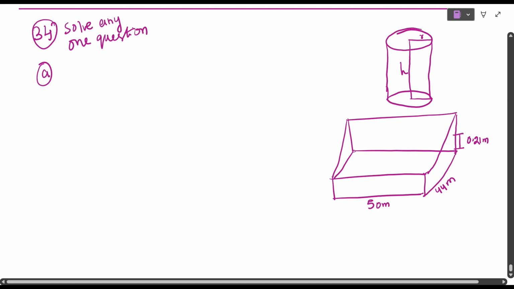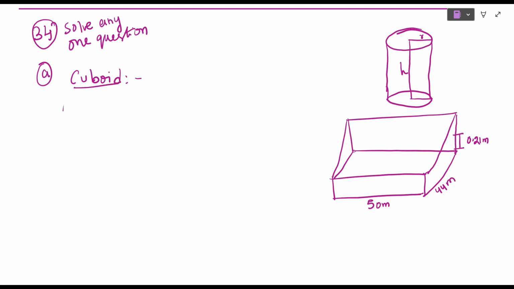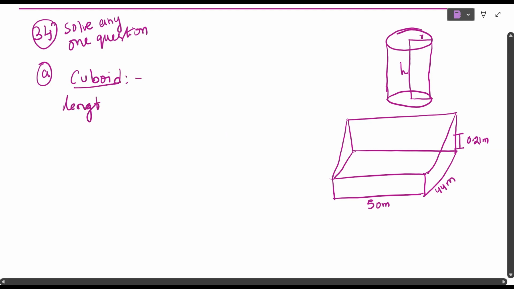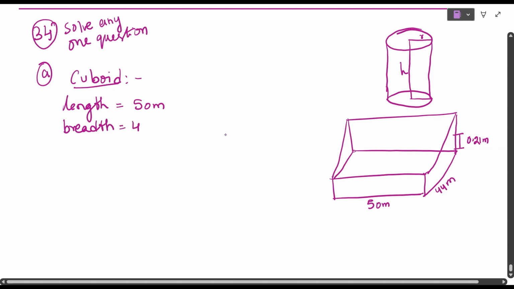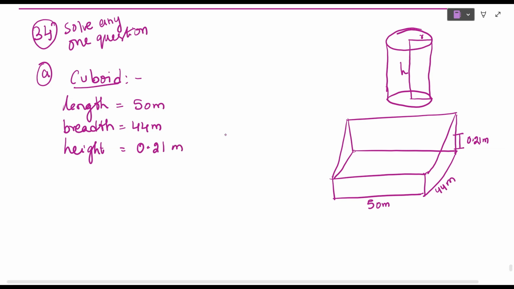So let us take the cuboid first. Length is equal to, we have to write whatever is given first, 50 meters. Breadth is equal to 44 meters and height 0.21 meters. For this height we are going to calculate the time. Now what we have to do?